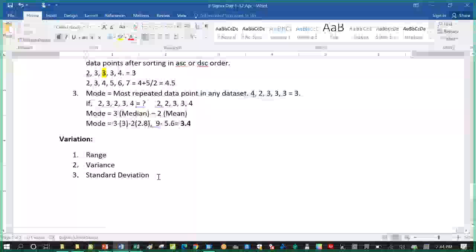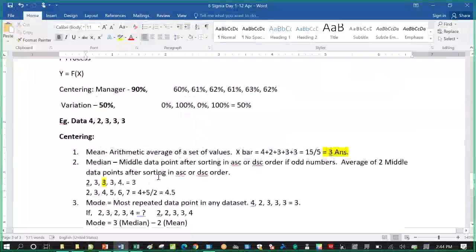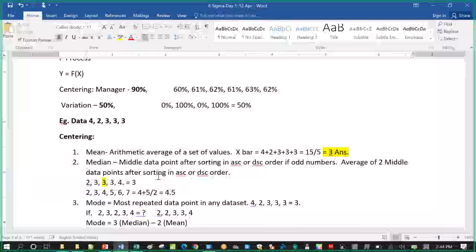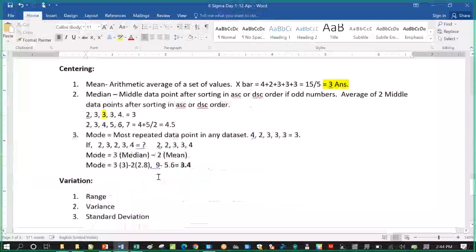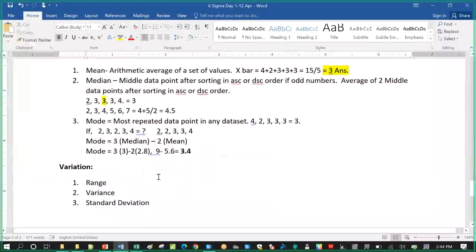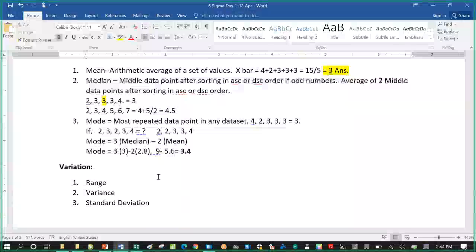So these are three measures of central tendency: mean, median, mode. Mean is the arithmetic average of all data points. Median is the middle data point after you sort, like the median on a road, the central point, after sorting in ascending or descending order. Third is mode, the most repeated data point.